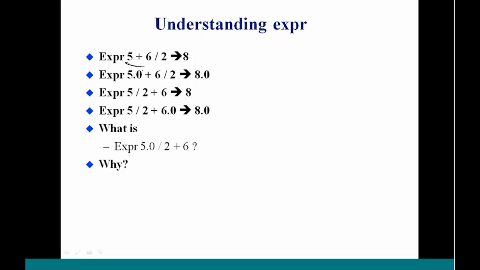So the first one is fairly simple. You guys can answer 5 plus 6 by 2. So 6 by 2 is evaluated, which is 3, and then added to 5, we get 8. Now the next one is 5.0 plus 6 by 2. Again, since this is a real number, everything is converted into real, and then we get an answer of 8.0, which is a real number.